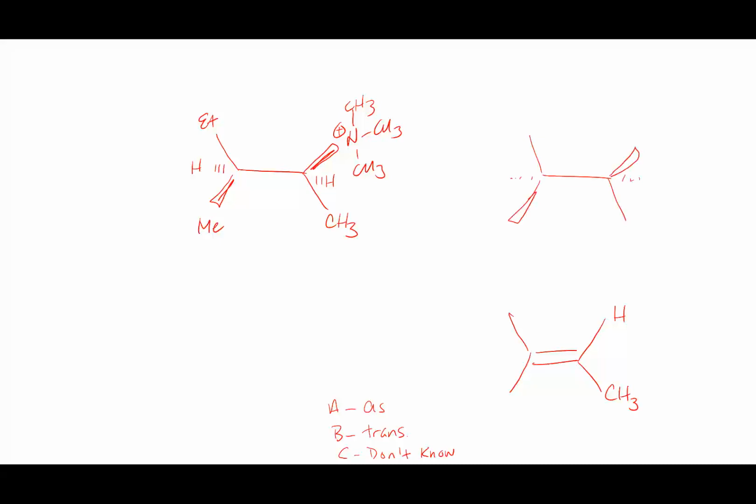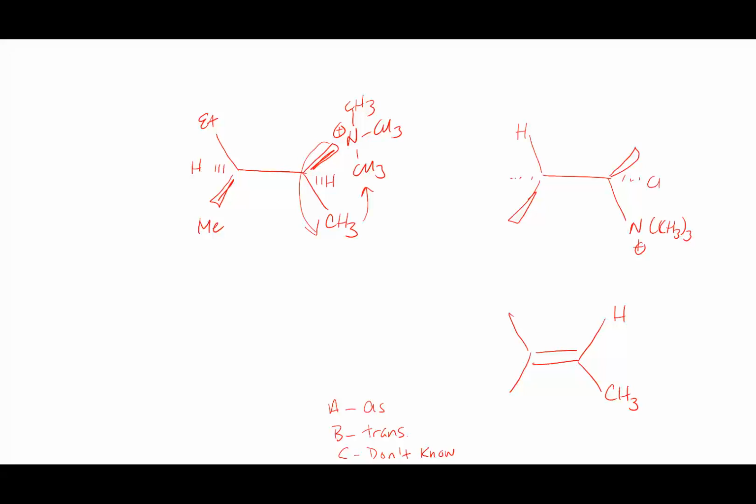All right. So I want to put the beta hydrogen and the nitrogen here in the pre-existing Newman. I want to rotate the nitrogen down so it's in the plane. And then what's going to happen to the methyl group?